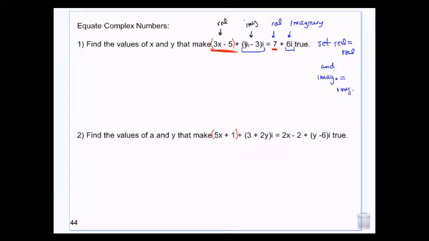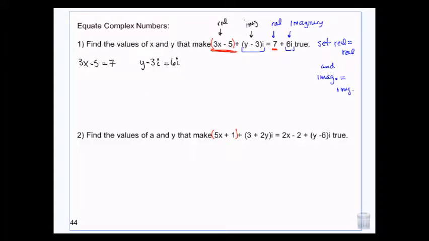And I can use that to find out what x and y equal. So 3x minus 5 equals 7. So this real part will equal that real part. And y minus 3i will equal 6i.